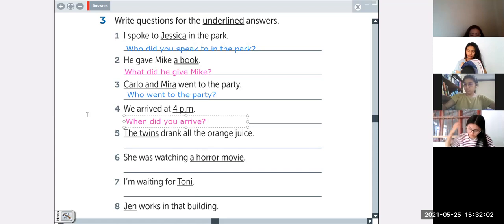Okay, remember, if the answer is in the simple past, the question needs to go in the simple past too, okay? What about number 5?